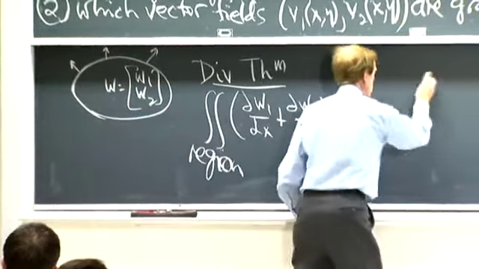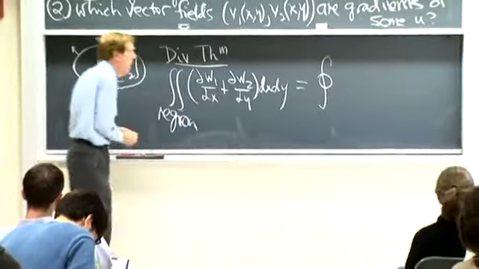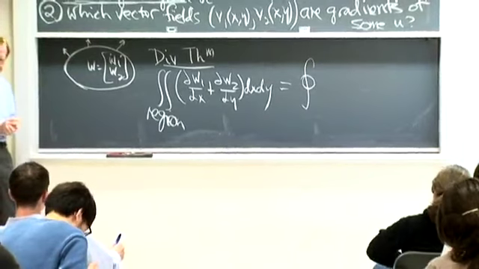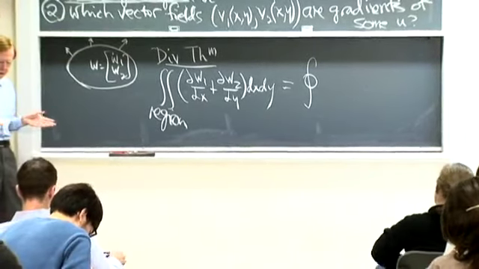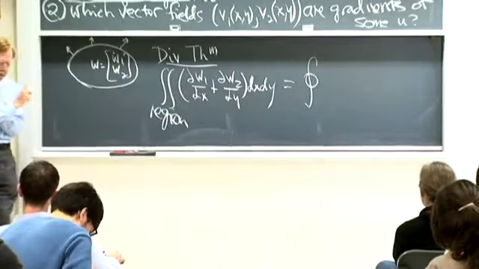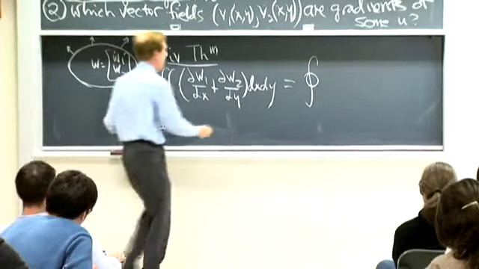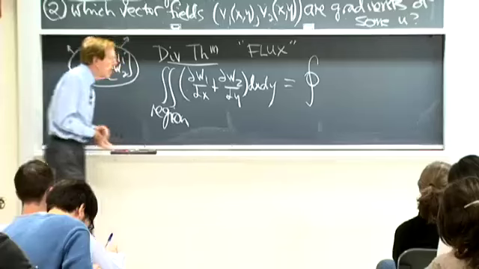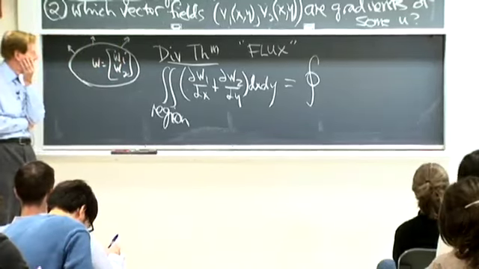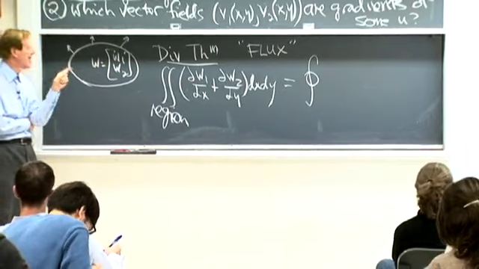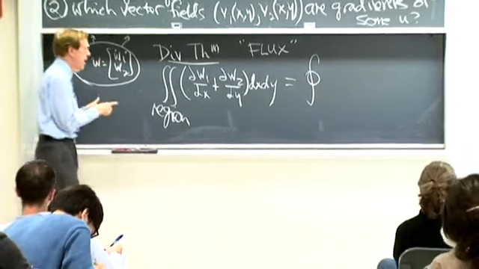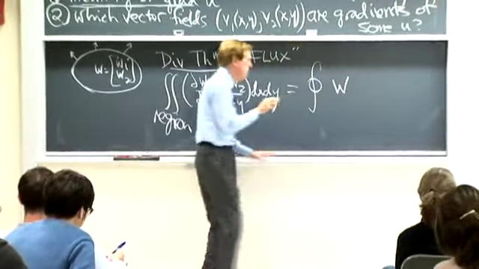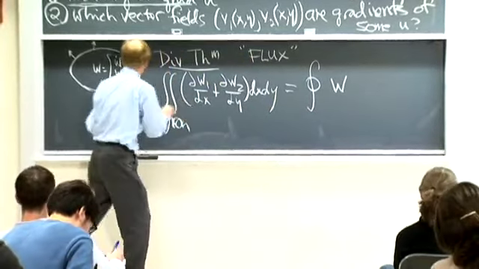So this is the integral around the boundary of, so what's the flow out? Think now what should go there. This is flux I'm talking about. Flux is the short word for the total flow out. So now I've got to get this right. In vector notation, the W tells me the flow, but flow outward.